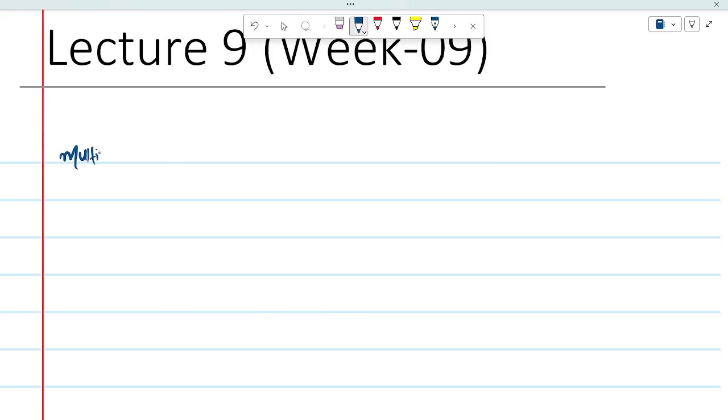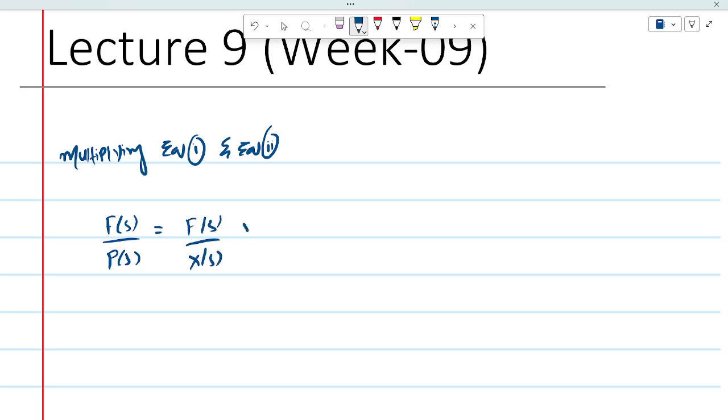Multiplying equation 1 and equation 2 post Laplace transform, it will become f of s over p of s equals f of s over x of s into x of s over p of s, and obviously x of s will cancel out, so we will have at the end b s plus k divided by m s square plus b s plus k.